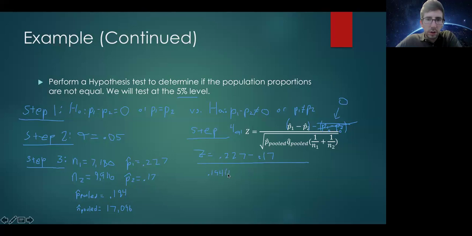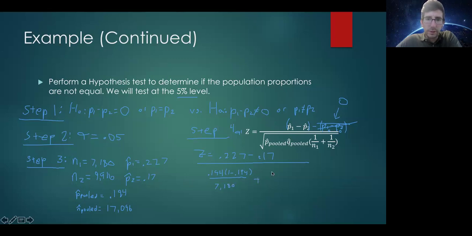0.194 times 1 minus 0.194. I'm actually writing it out the other way. And we divide this by our individual sample sizes.